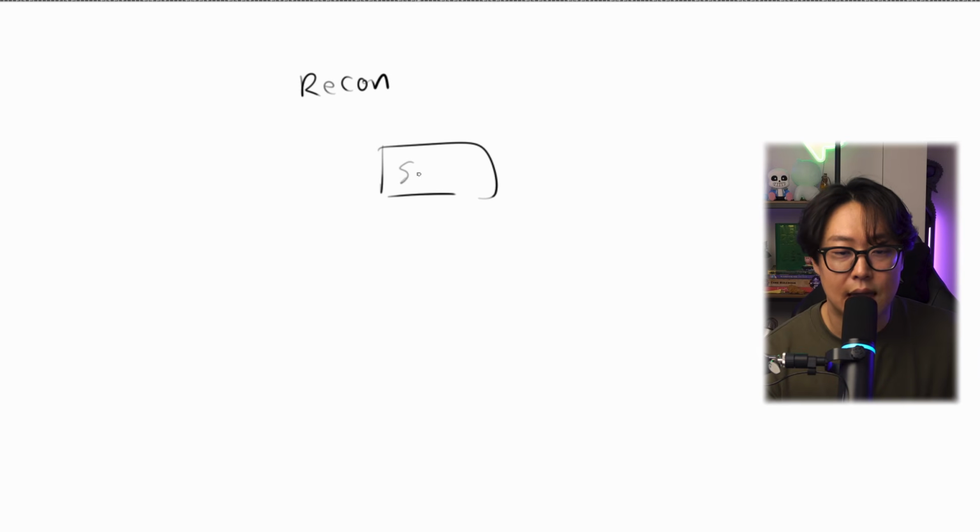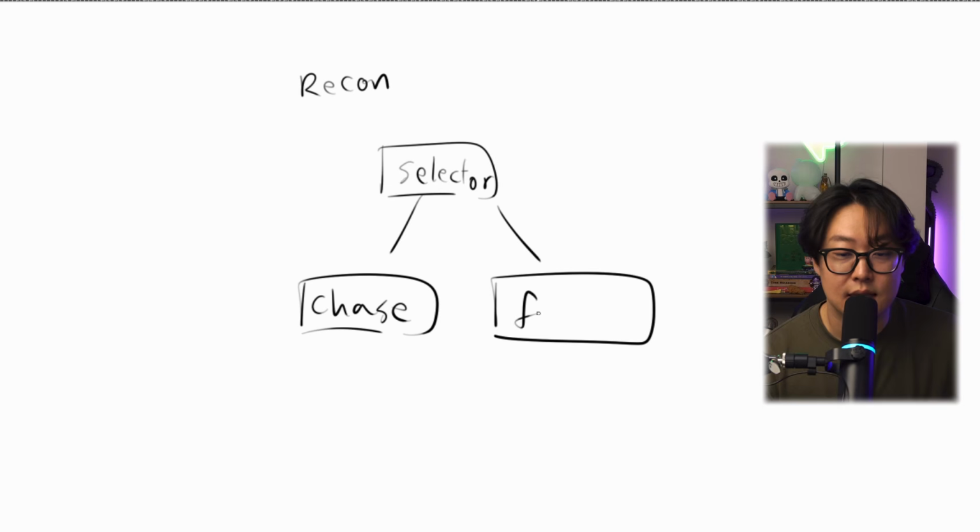Where would the selector be used? So for example, let's say we have a recon behavior, and then we use a selector. And then we have one action which is chase. And then the next one might be find. In this case, first it's going to try to chase something, but it may fail because it's like, well, I have nothing to chase or somebody's out of vision.